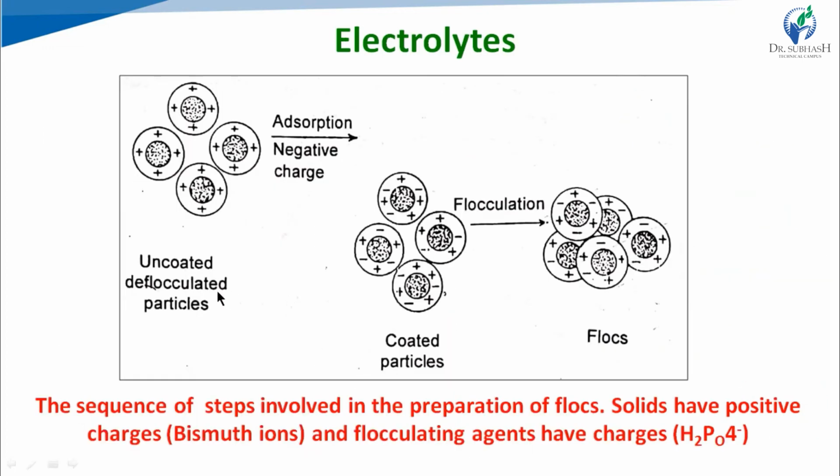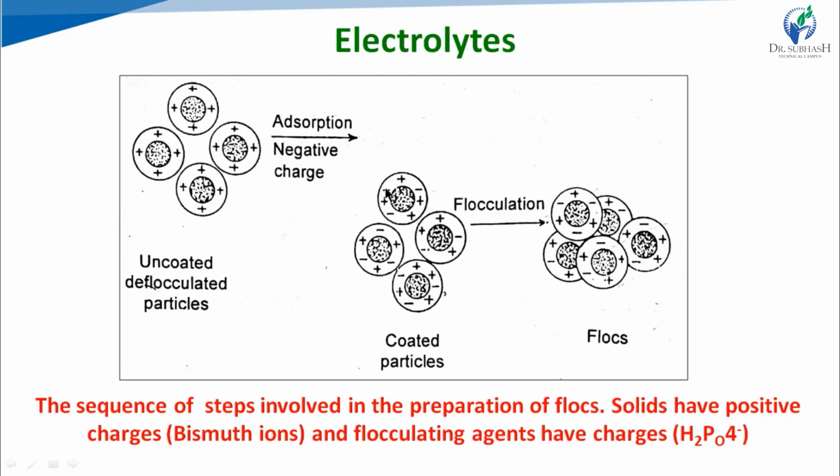In this figure we can see that initially we have an uncoated particle, that means a deflocculated system. Then there is the adsorption of negative charge. Here positive charge is present, so there will be repulsion between the particles. Then we have added the negatively charged molecule, so there will be adsorption of the negative charge on the positive charge.